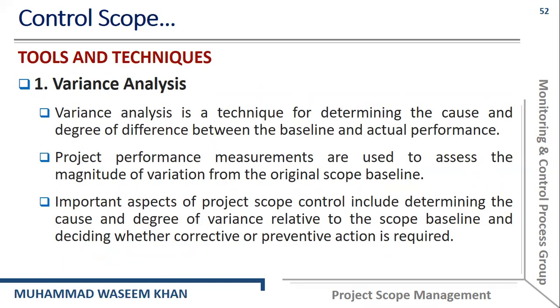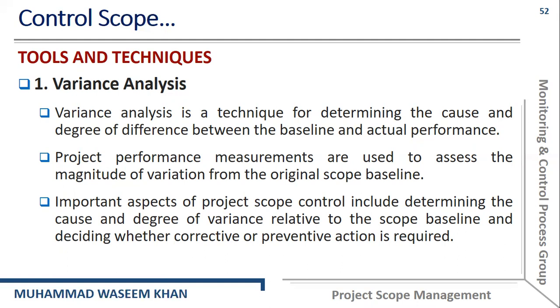Let's talk about the tools and techniques, and we use variance analysis. By the way, what is variance analysis? Variance analysis is a technique for determining the cause and degree of difference between the baseline and actual performance. If you remember the lecture in which I discussed what the baseline is, and I asked questions of different students about the baseline, and then I drew a graph showing what the baseline is.